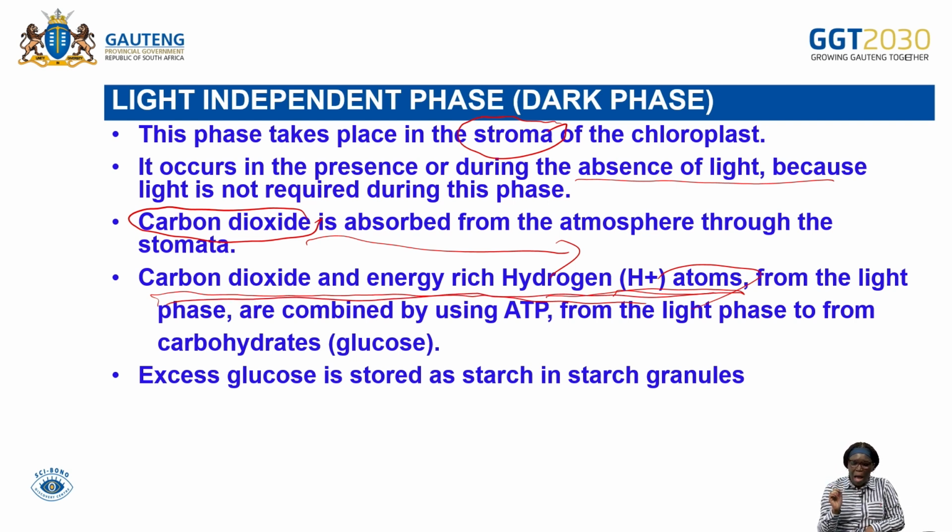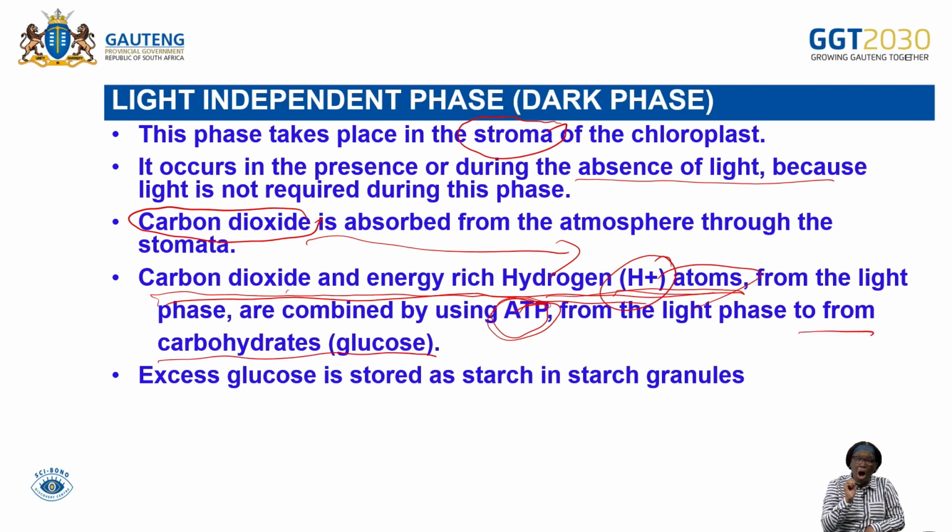To form, with the aid of what? Also, with the aid of ATP. Remember, we said that the ATP is the what? It is the energy carrier. With the aid of ATP to speed up this process, with the aid again of what? Of the enzymes.